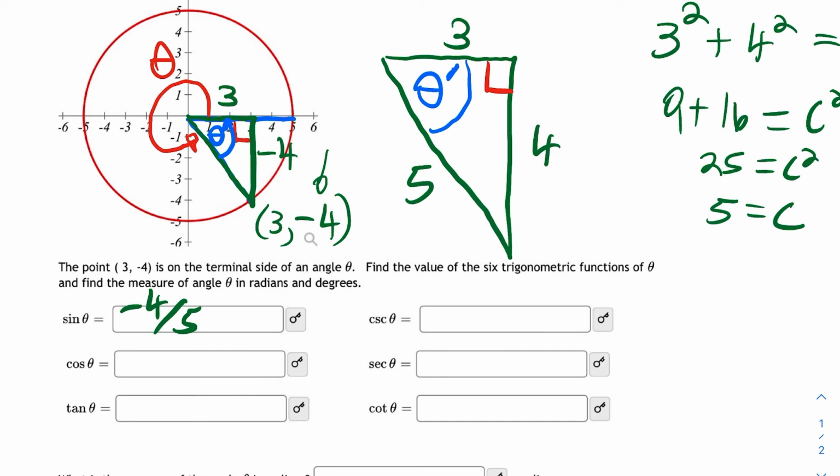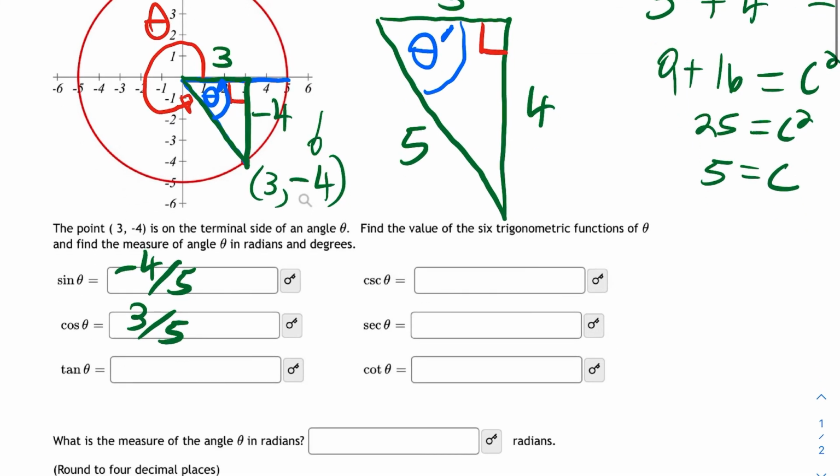And then the cosine of theta is adjacent, which is 3 over 5, the x value of the point over the radius of that circle. And the tangent of theta is opposite, -4, over adjacent, the y value of the point over the x value of the point.